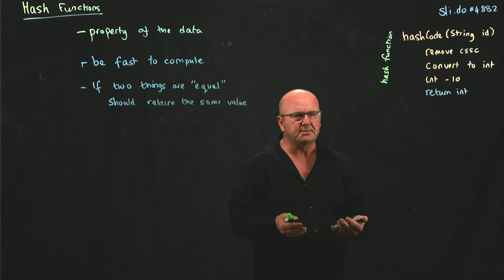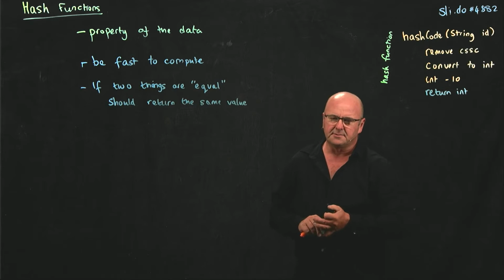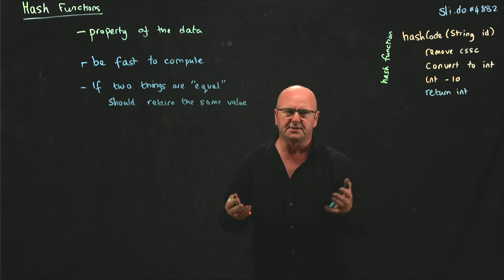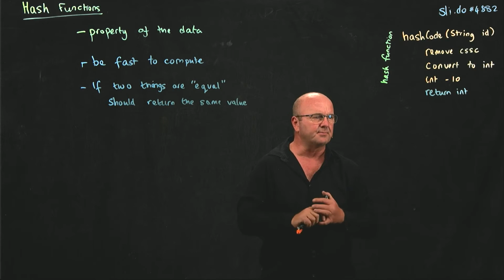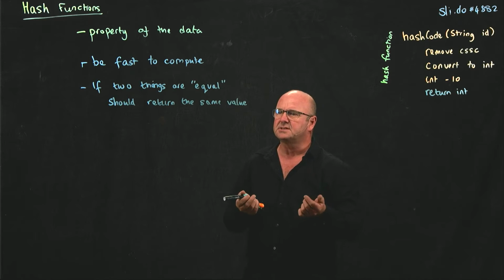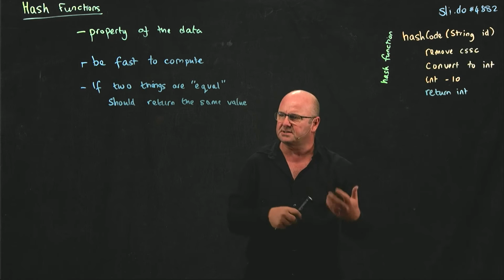And equal, of course, can mean all different things. If we're thinking about objects, the equals is based on the location on the heap. If we're thinking about strings, it's a character-for-character comparison. If we're thinking about students, it's probably some combination of red ID or name and address or email or something like that.